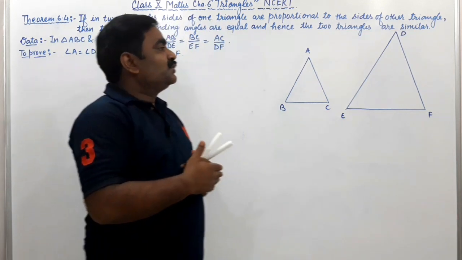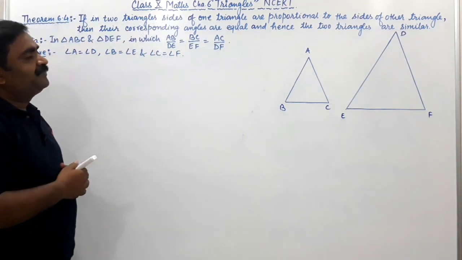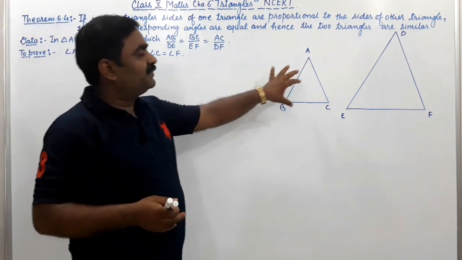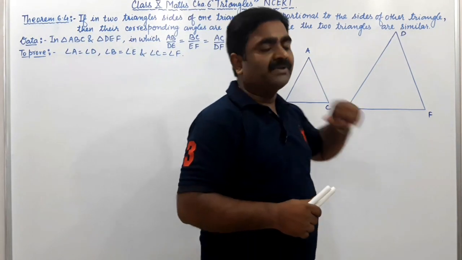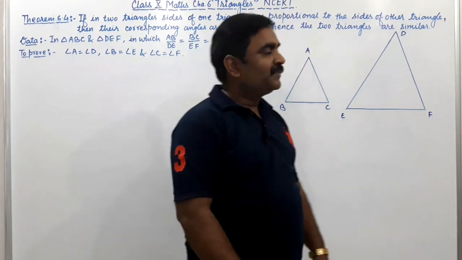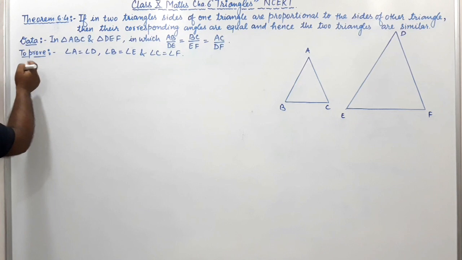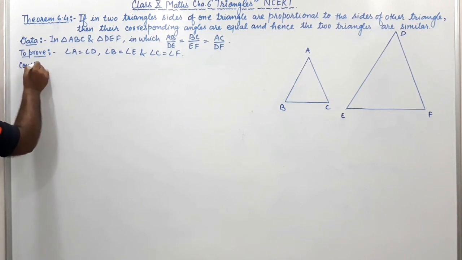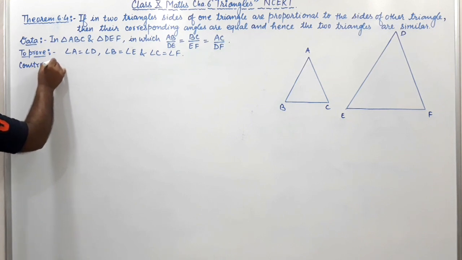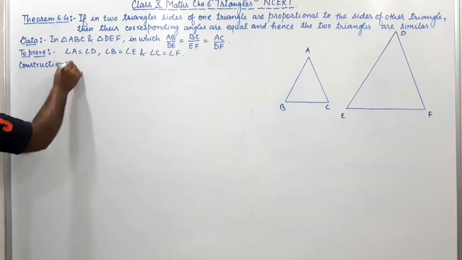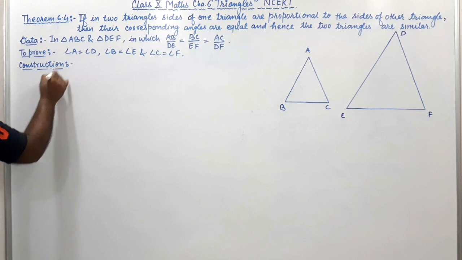Okay. So इसको प्रूव करने से पहले, as these figures are drawn of these two given triangles ABC and DEF, let us do a few constructions as in the previous theorem you have done. Construction we need to write down. Construction कर लेते हैं. And what will be the construction?